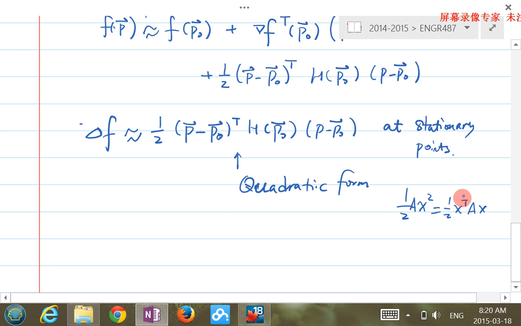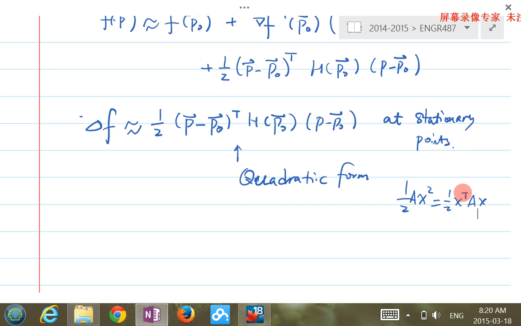Just like for a function of a single variable, what we need to decide is whether delta f is greater than 0 or less than 0, so we can determine whether we are at a local min or local max.